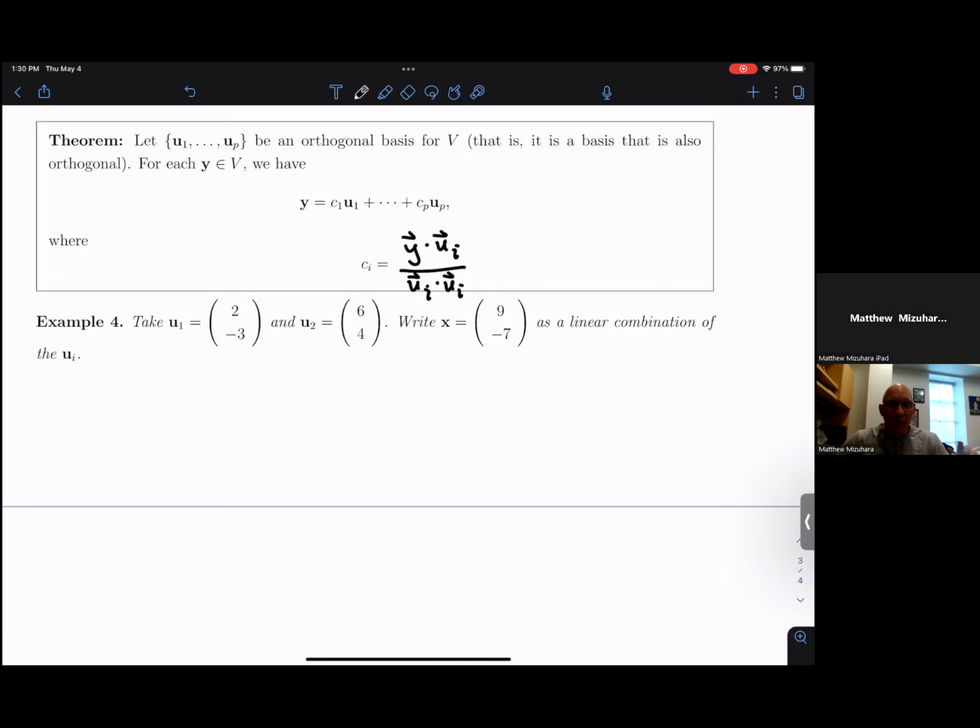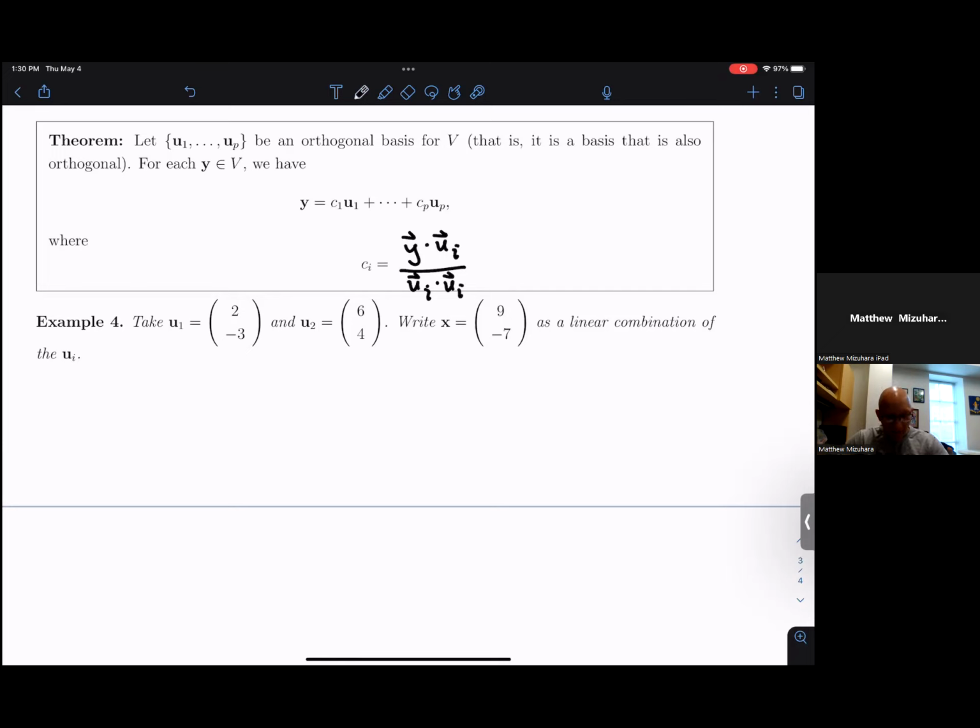That's it. You calculate that for every coefficient, and you're done. That's your linear combination. So that's why I love orthogonal bases. They are much simpler to use if you want to find, for example, linear combinations.